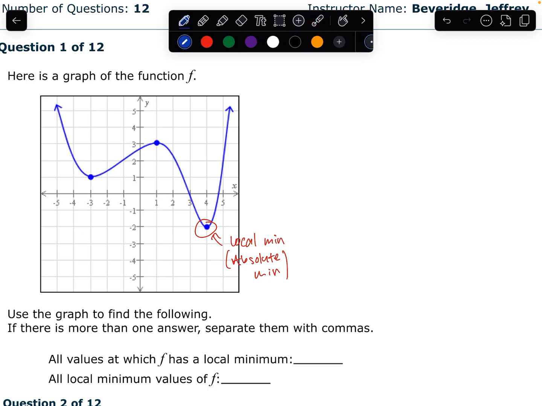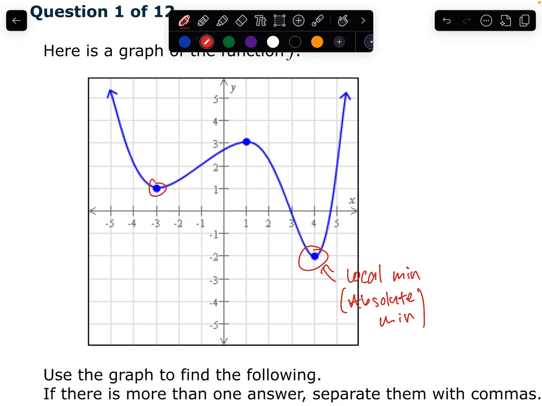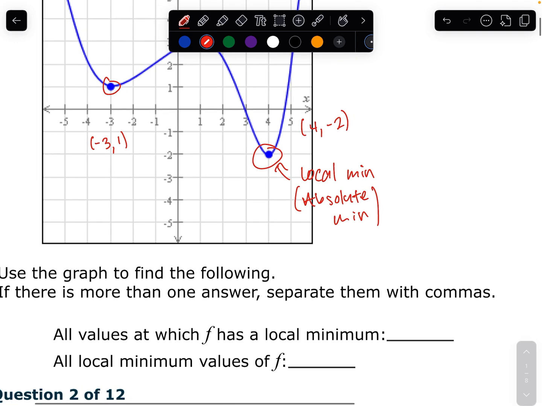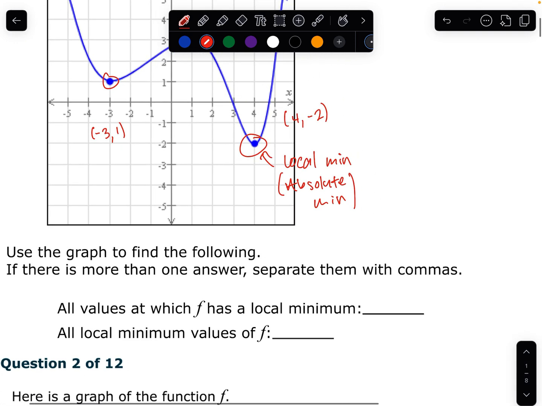This one is the point (-3, 1): the x value is -3 and the y value is 1. This one over here has an x value of 4 and a y value of -2. This can answer both parts of the question.